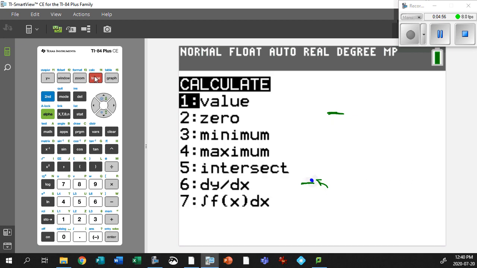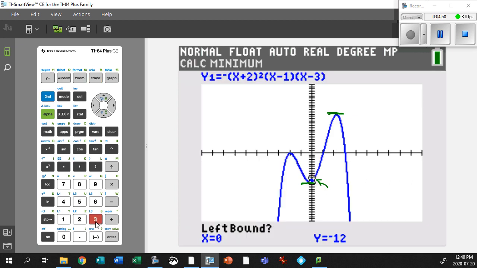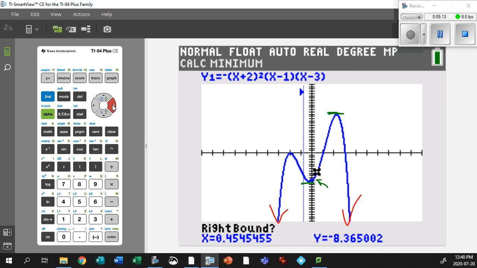Find me the minimum, which is 3. Now remember, these are local minimums, okay? They're not actual minimums because of the fact this continues on in that direction forever and ever. So left bound, enter. Right bound, okay. Enter. Guess, of course. Minus 0.22 and minus 12.4, which we kind of predicted around minus 12.